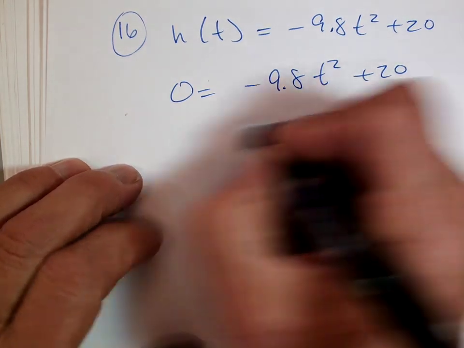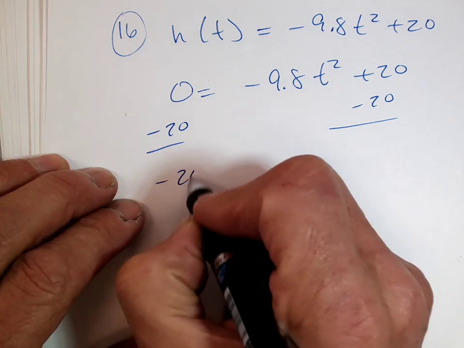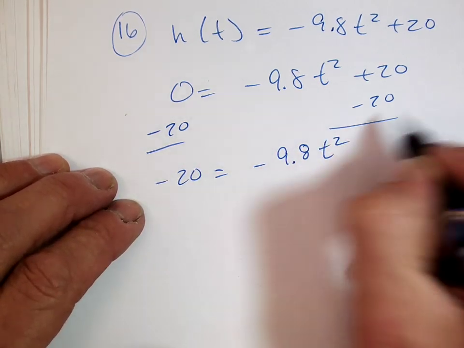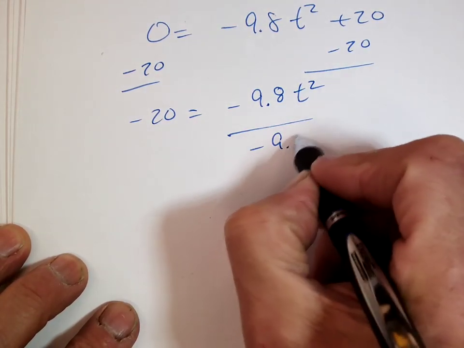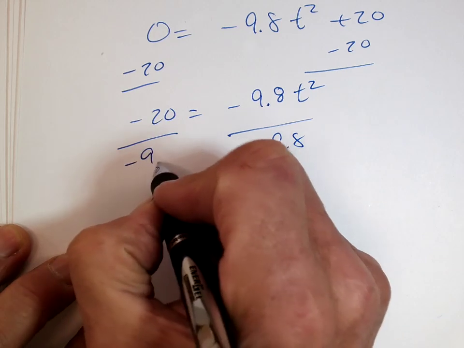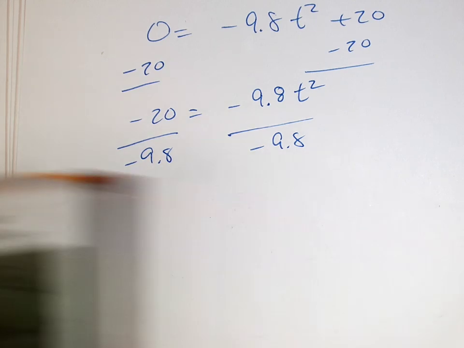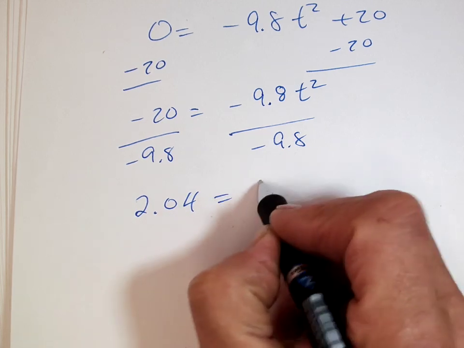Minus 20 minus 20, right? I got a negative 20 equals a negative 9.8 t squared. Divide by negative 9.8. Divide by negative 9.8. So let's just do that. My calculator, 20 divided by 9.8 is 2.04 equals t squared.